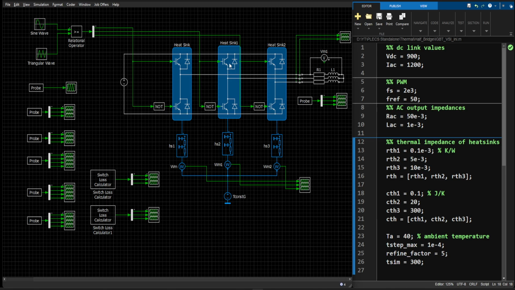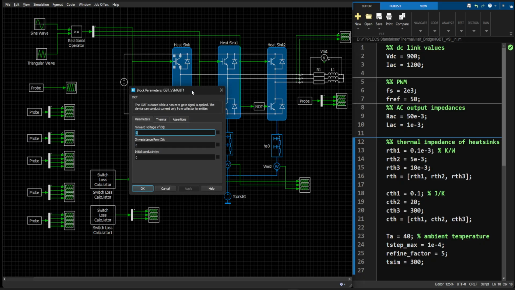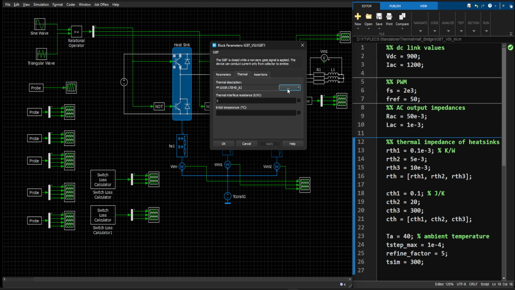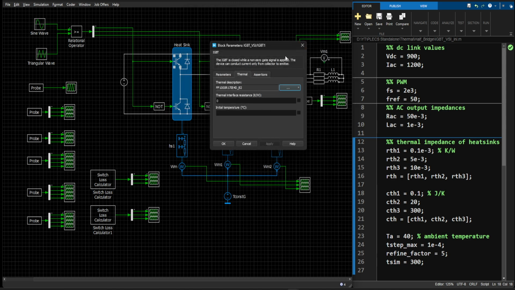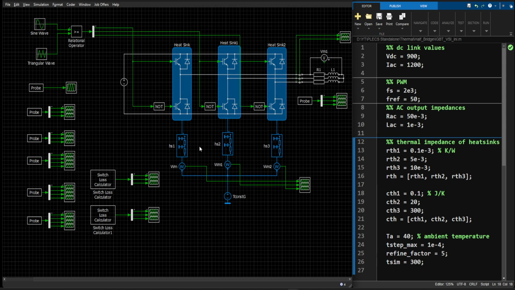So as you can see, I have implemented a more realistic model of the IGBT modules. The description inside each IGBT and diode is the same as we went through in the previous videos. They're exactly the same. I have considered the heatsink parameters for each module.